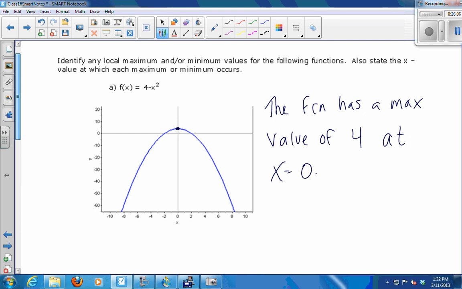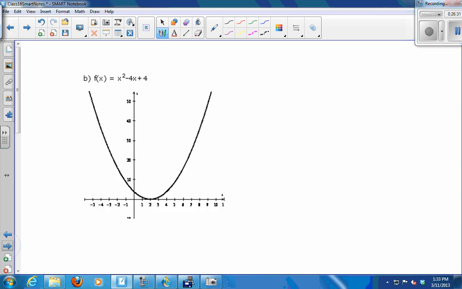So you have to pay very careful attention to what they ask for. If the question says, what is the local maximum value of the function, you would say 4. If they ask for the maximum or minimum value, you give the y coordinate. If they ask for the location, where does the local maximum or minimum occur, you give the x value. So here's one.